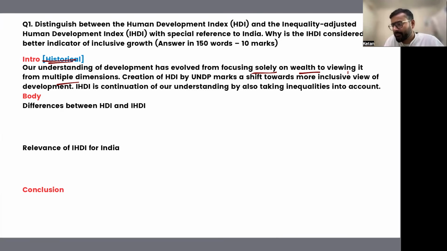Creation of the Human Development Index by UNDP marks a shift towards a more inclusive view of development. Now the IHDI is a continuation of our understanding by taking inequalities also into account. Okay, so this can be a good introduction from a historical perspective, on how our understanding of development has evolved.